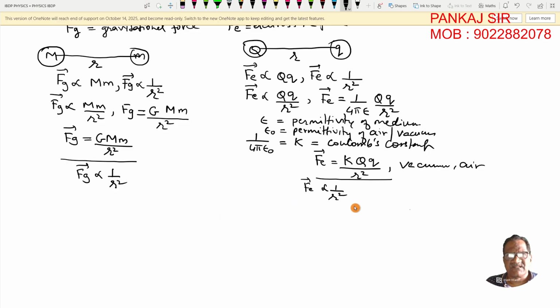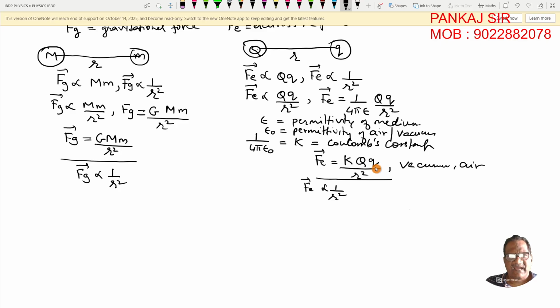I don't want to mention that, but in the gravitational force, in the numerator you will find the product of the two masses. Capital M is the mass of a bigger body, small m is the mass of a smaller body. Not necessarily, but generally capital M is the bigger body. Here capital Q is a charge which is normally known as a source charge, and small q is a charge which is known as a point charge or a test charge.